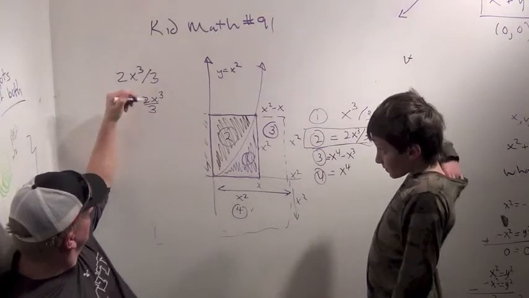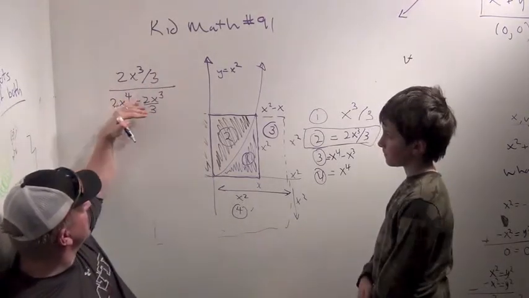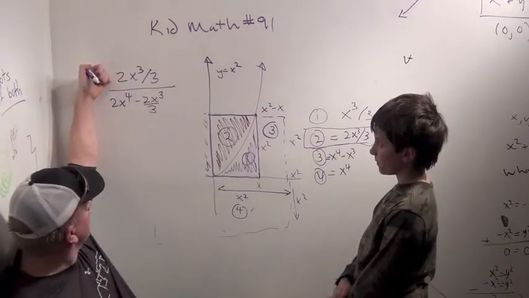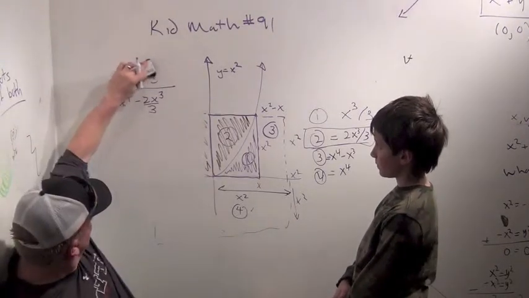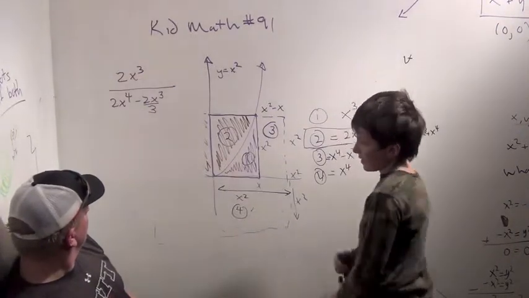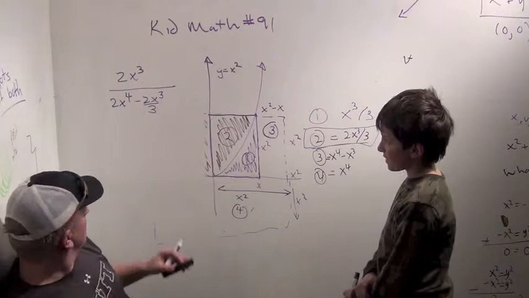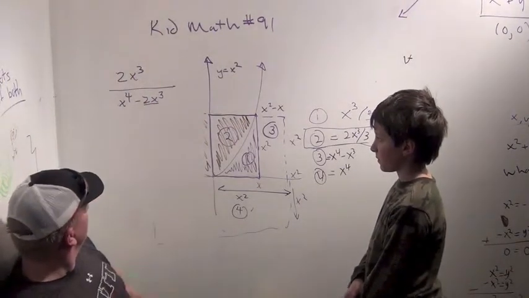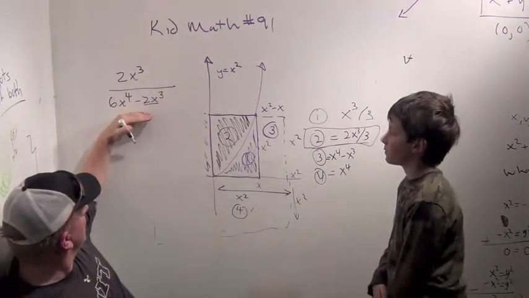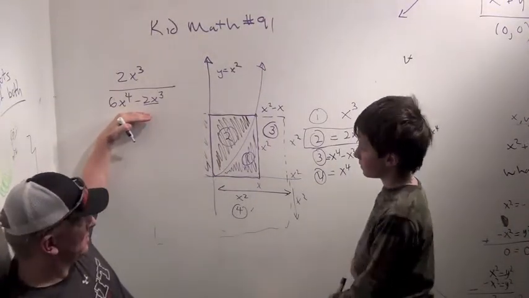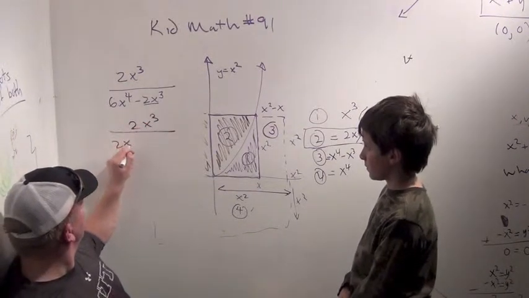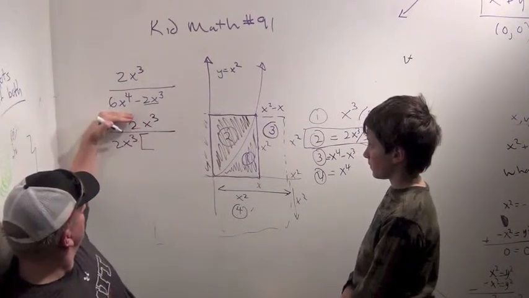The first thing to do is probably get rid of the fractions of 3. Let's multiply the top and the bottom by 3. So I get 2x cubed on the top. And on the bottom, you get 6x to the 4th minus 2x cubed. Now notice I can factor a 2x cubed out of the bottom. So I get 2x cubed on the top over 2x cubed times what?